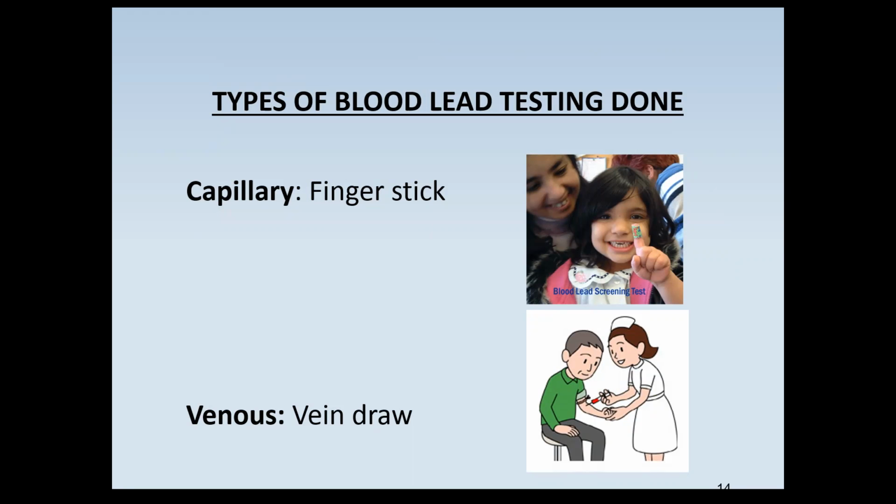If the initial testing is done with a capillary sample, then levels greater than or equal to 10 micrograms per deciliter must be confirmed with a venous sample, and then it will need to be followed up later. If the initial test is done with venous or vein draw, then it will need to be followed up based on those results.